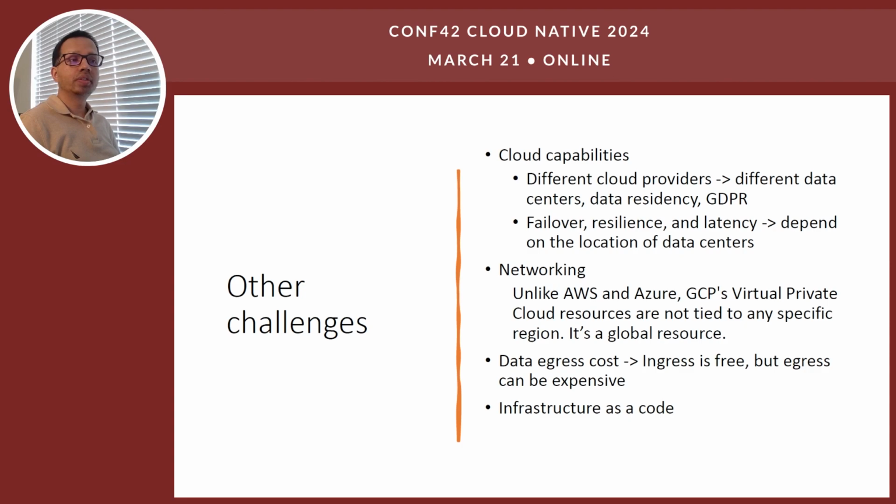Last but not least, infrastructure as code. It is considered a good practice to automate infrastructure environments using tools like Terraform or AWS CDK. This helps reduce configuration drift and increases the overall quality of the infrastructure. However, the capabilities of the underlying cloud provider tend to get baked into the infrastructure code.